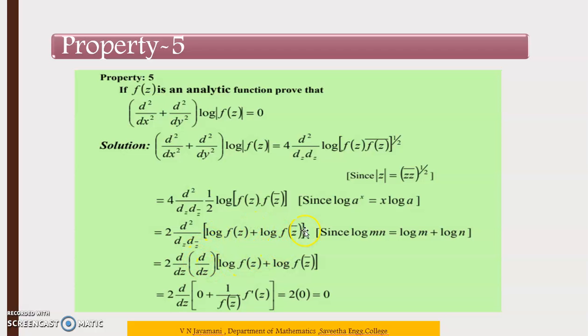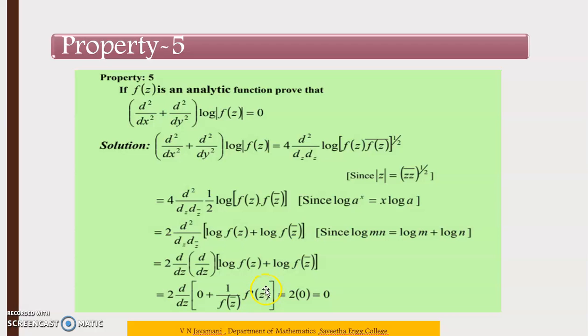Now differentiate with respect to z̄. The first term becomes 0, and for the second we get 1/f(z̄) times the derivative of f(z̄), which is f'(z̄).